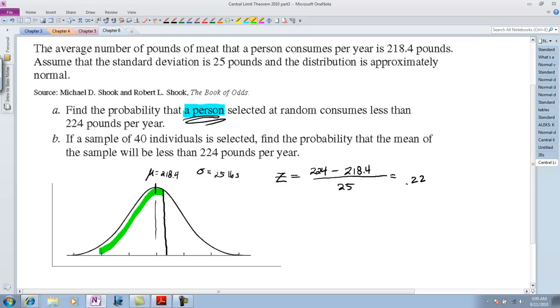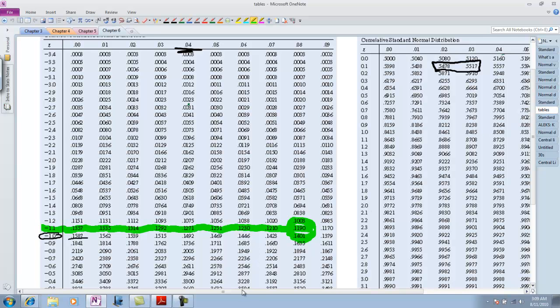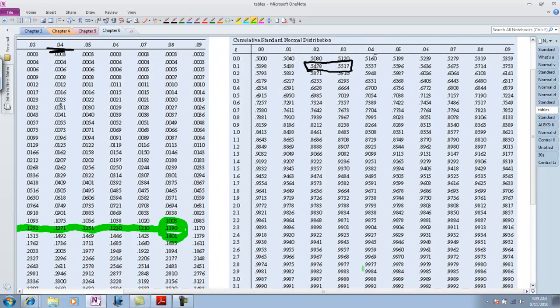So that is the left tail, which is good because that's how our table's set up. It's set up to give us left-hand areas. So I am going to be over here on the right because I'm looking for a value that is on the right of the mean. It's a positive value, and specifically it was 0.22.